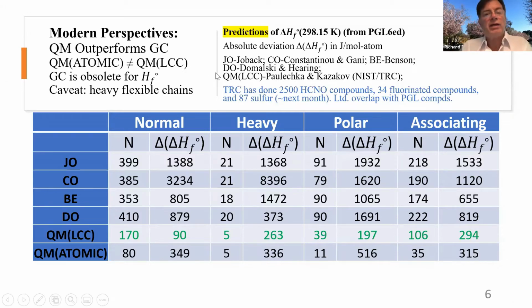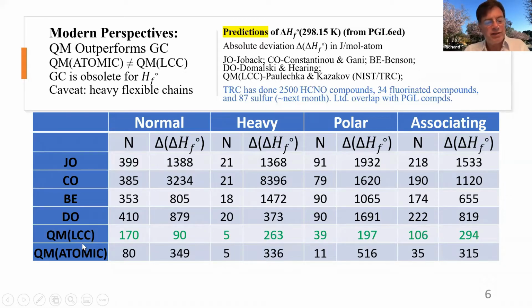Okay, and so it's a paper by Polechka and Kazakov, and so I recommend it to you because it really stands out. At one level, it's easy enough to say, well, okay, a quantum mechanical method is going to do better than a group contribution method. Maybe some people would say, oh, we've known that for years. But it's not just any quantum mechanical method that does that much better.